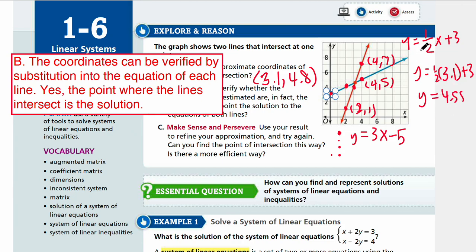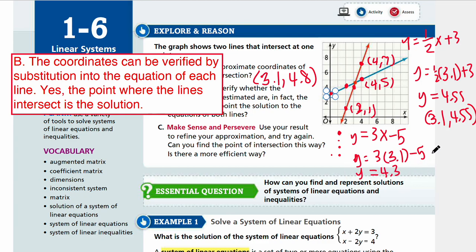So for the blue line, we get 3.1 comma 4.55, which is pretty close to 4.8. And then let's try the red line. If we have 3.1, what is our y? Our y would be 9.3 minus 5, so that would be 4.3.